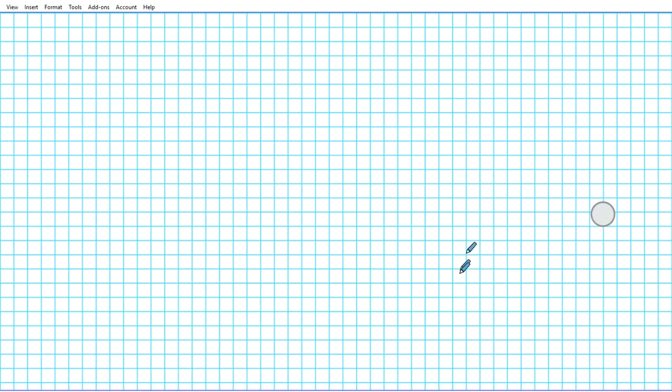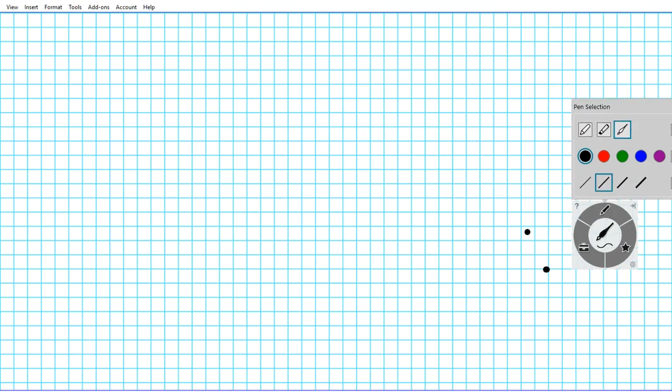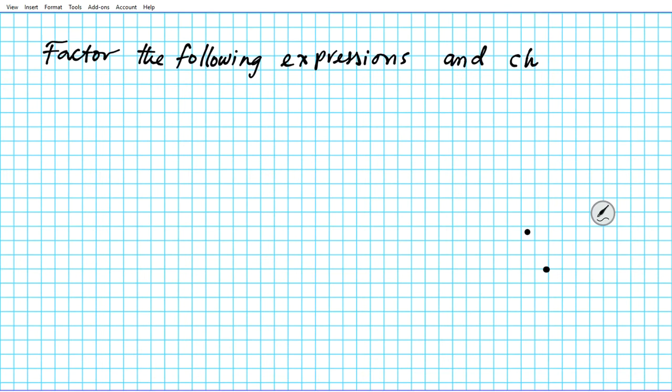Alright, the instructions for the examples that we're going to be doing are as follows. We are to factor the following expressions and check by expanding.